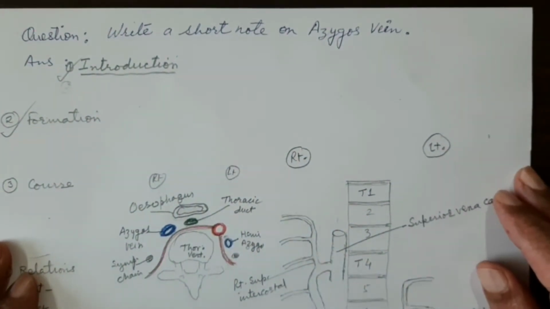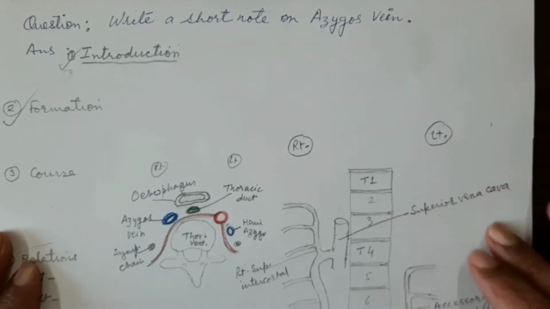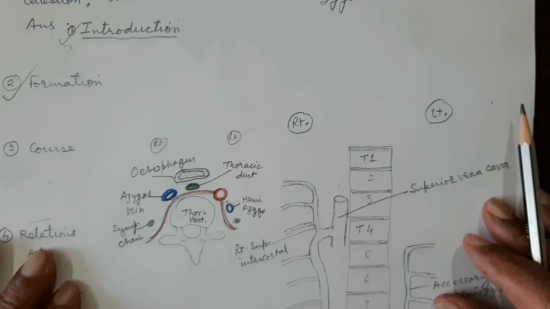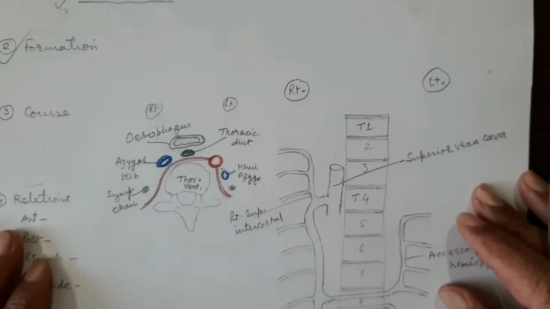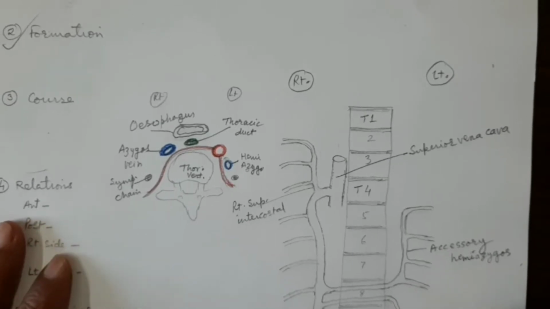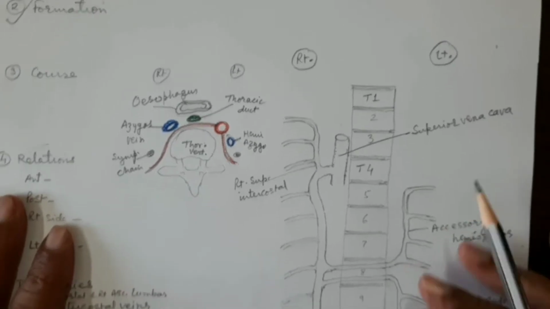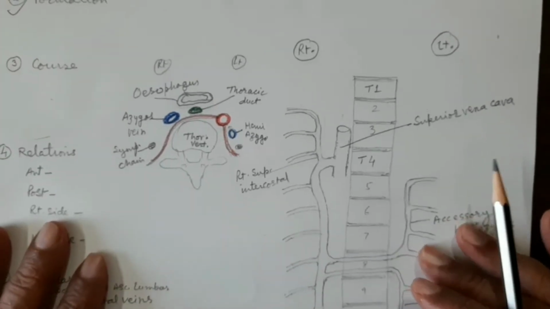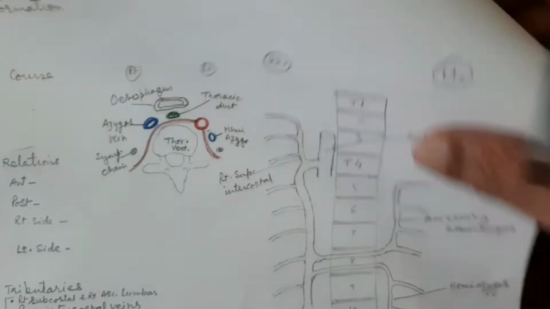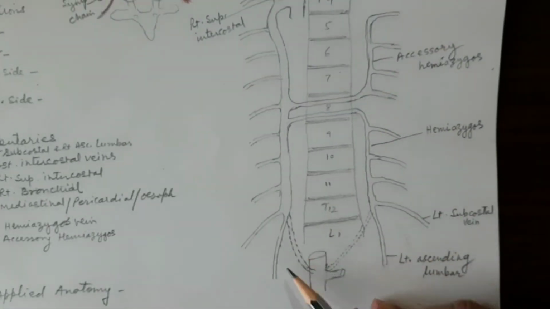The formation of this azygos vein, which is present on the right side, is in the abdominal cavity, in the upper abdomen, okay? It begins by the union of the right ascending lumbar vein.